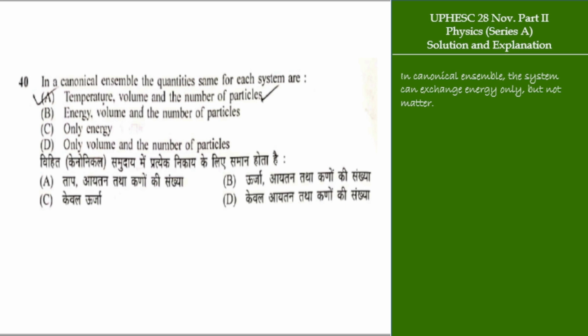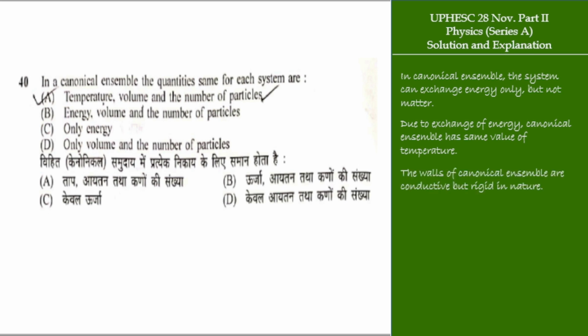Why is it exchanging energy? Because the walls of the system are rigid, but they are conductive as well. So if any system is exchanging energy, the temperature will be the same. So the first quantity which will have the same value is temperature.